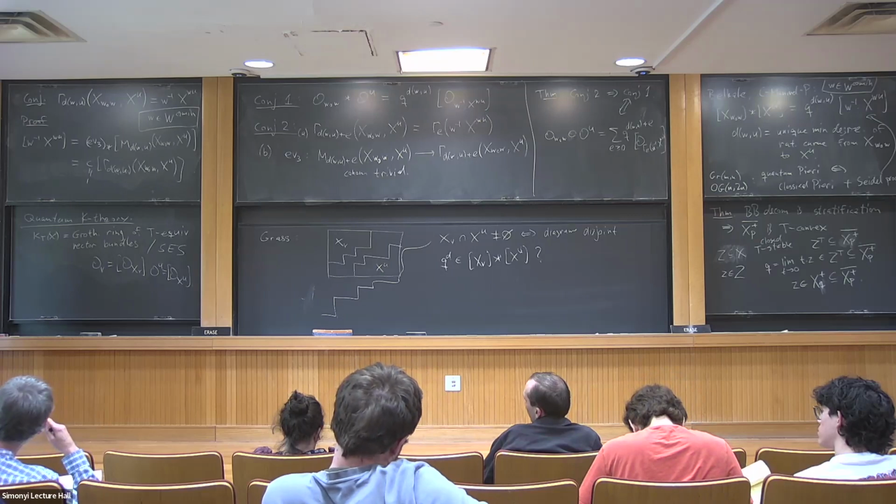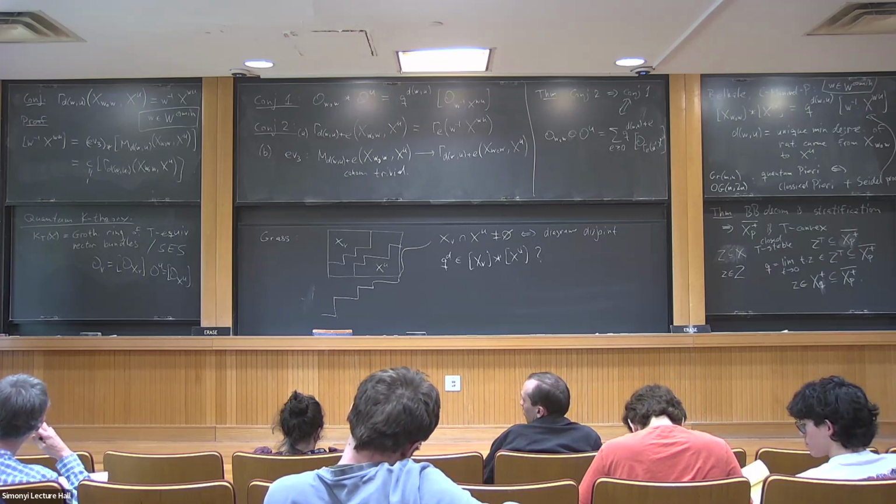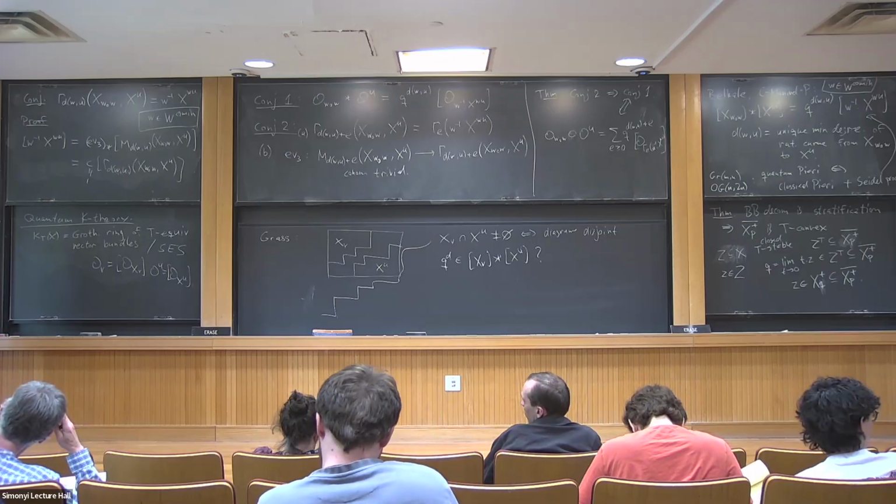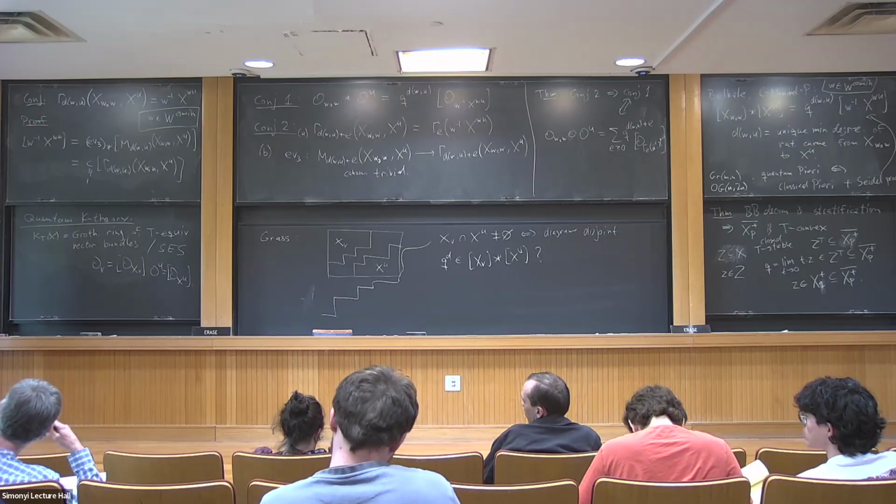I understood everything except the last sentence. W is sent to the fundamental co-weight, under what map? Just that map.